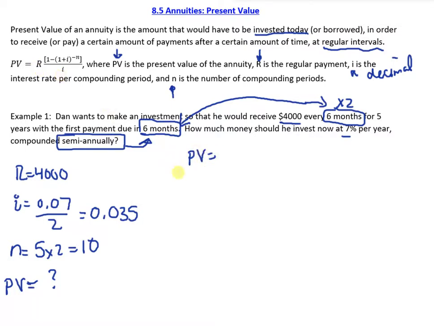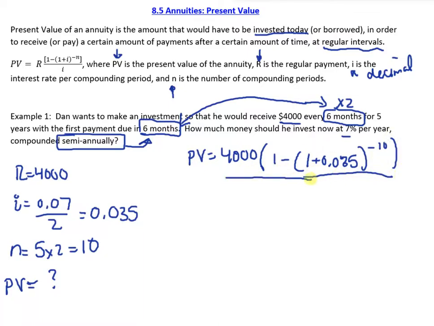Let's jump right in. So R, we have $4,000. Then 1 minus 1 plus I, and that's raised to the negative n. When we talk about negative n, what we're doing is making that basically decreasing.